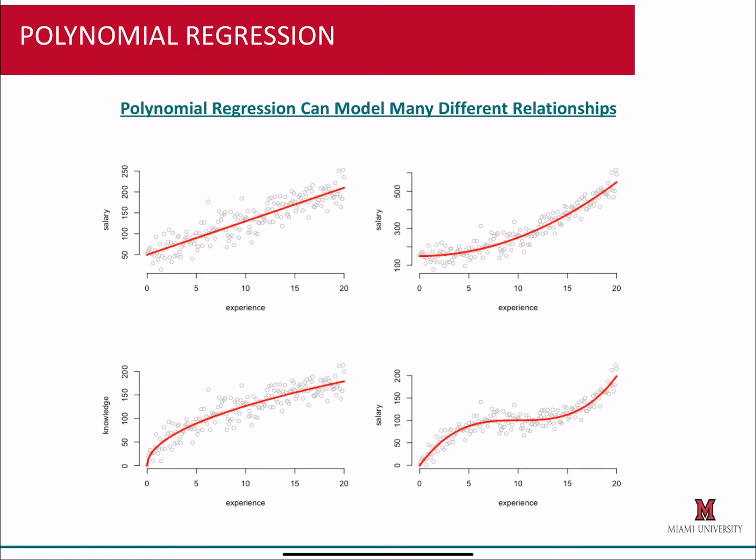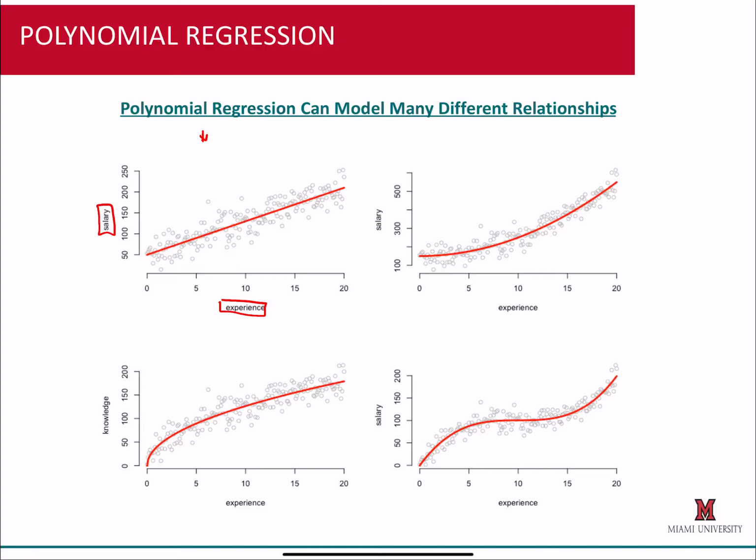So for instance, let's take a look at an example where we're looking at salary and using experience in years as a predictor of salary. Now, this here is what we have been looking at so far. This relationship of experience versus salary is the kind of relationship that we have been modeling.